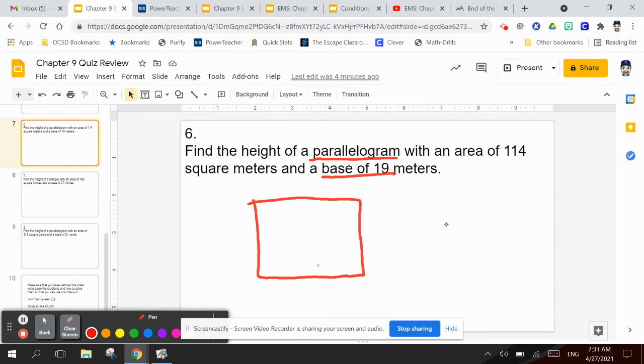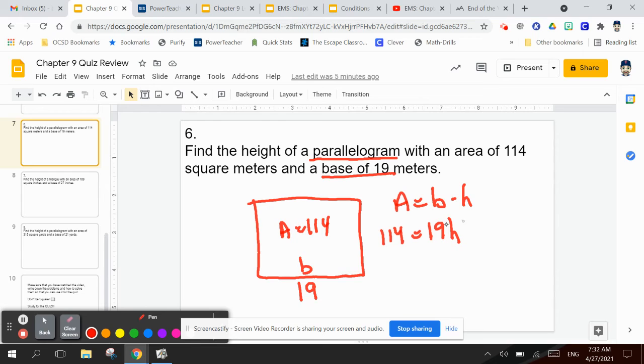We know the base is 19, so here's the base down below. That's 19. The area is 114. So remember our formula, which is area equals base times height. So 114 equals 19 times h.